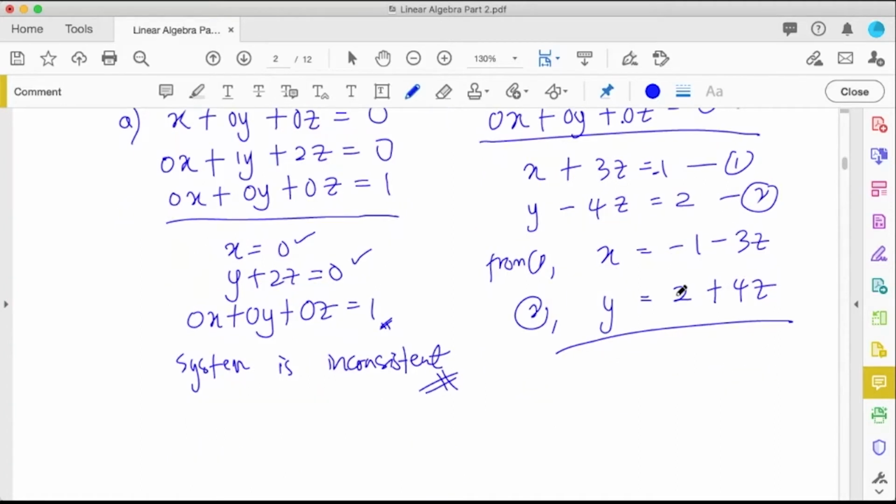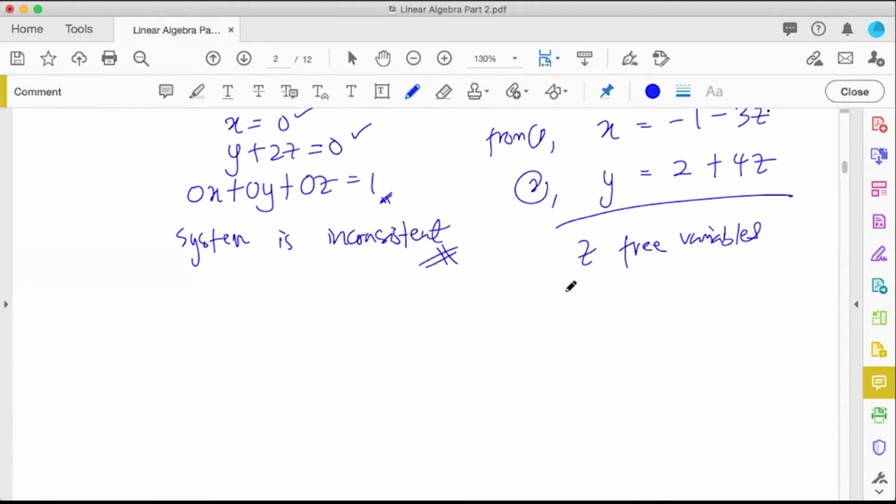You can see here, in order for you to get x, you need to have a value of z. And in order for you to get y, you need to have a value of z as well. So the value of z will give you 2 different values, which are x and y. In this case, z can be set as a free variable.